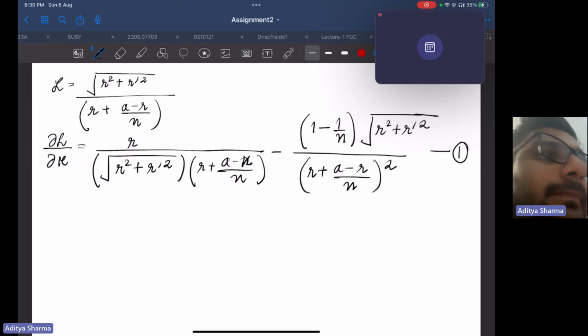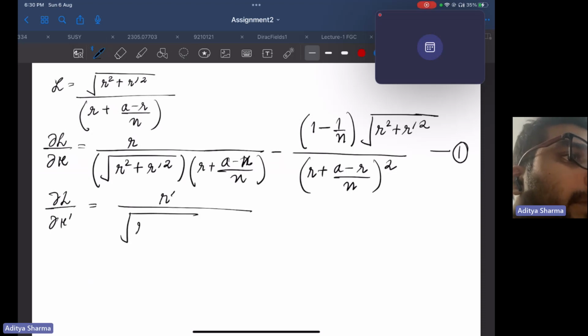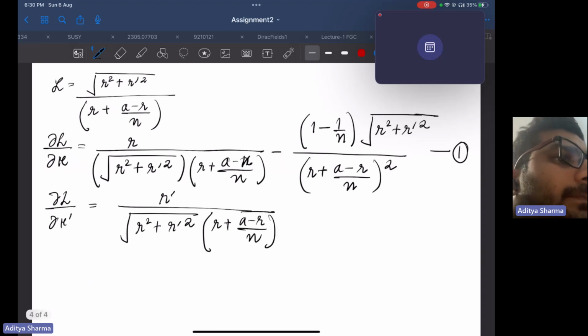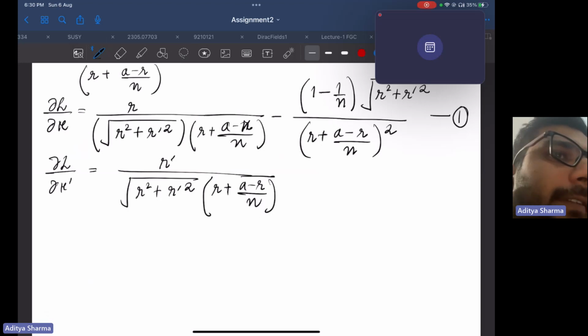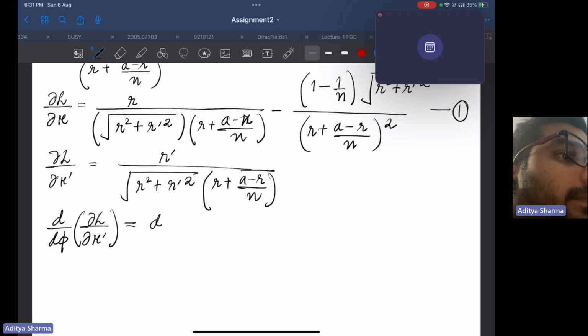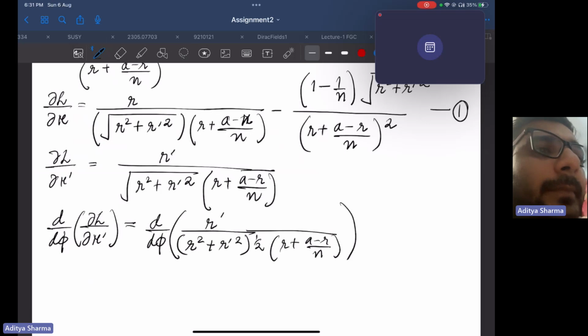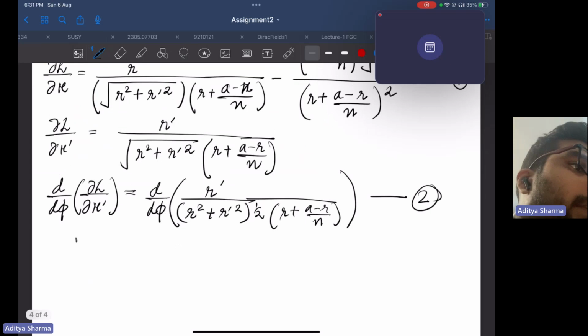This is 1. Dou L by dou R prime is going to be just R prime plus square root R square plus R prime square, R plus A minus R by N. And we've got to take d by d phi of this thing, and we have to write 1 equals 2.